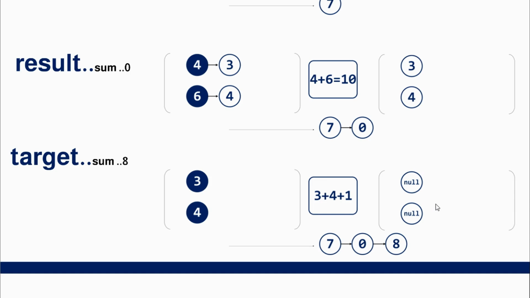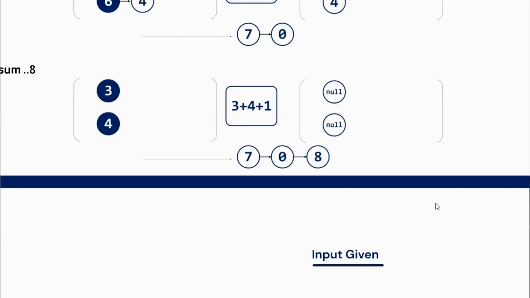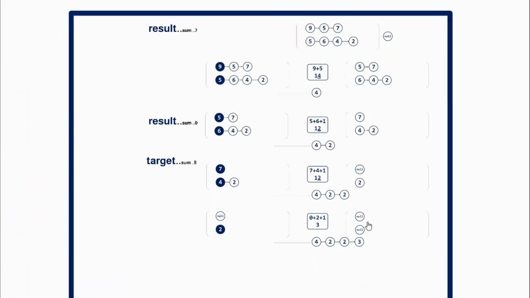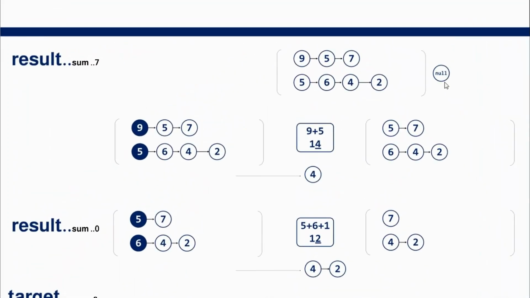There is one more example where linked list 1 has the value 957 and the other linked list has the value 5642. Initially we'll initialize a dummy linked list, that is the resultant linked list. We'll take a pointer at the head of each input linked list.